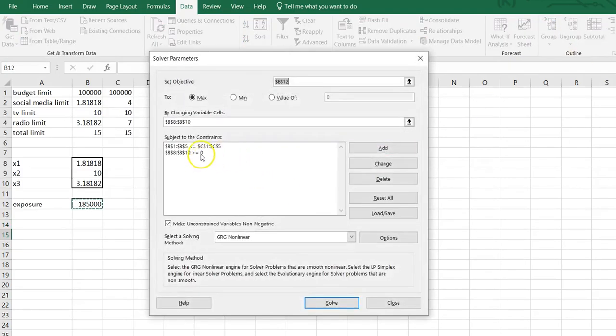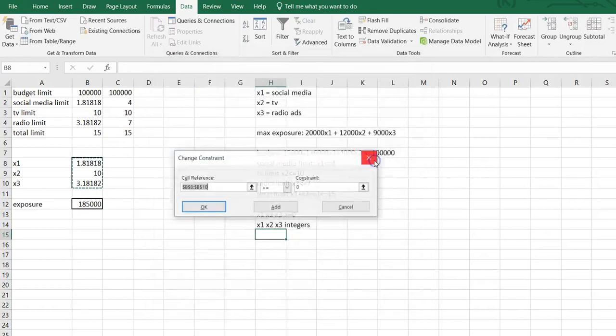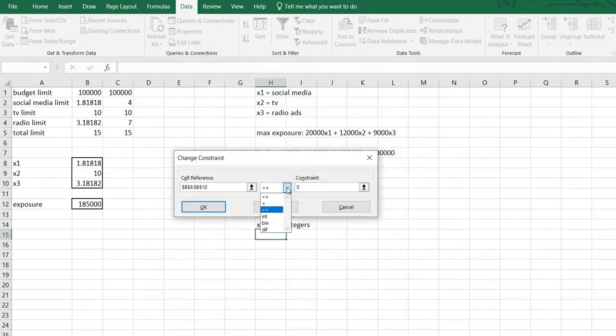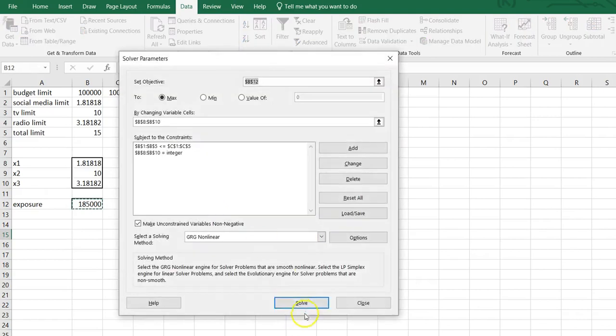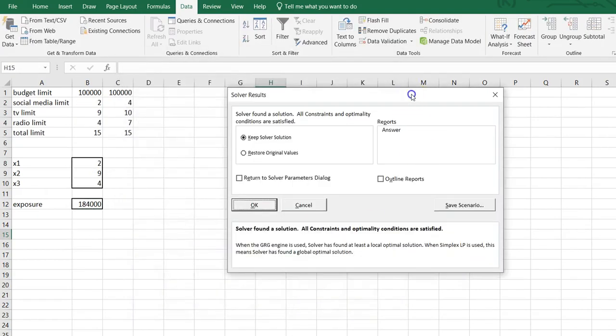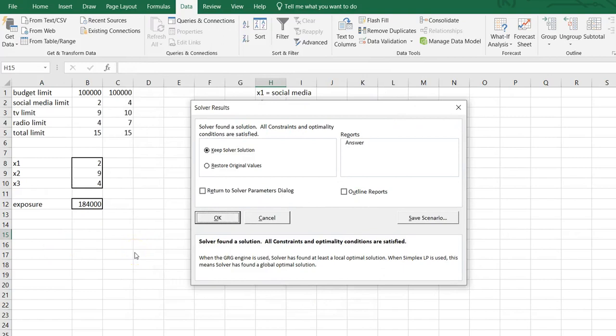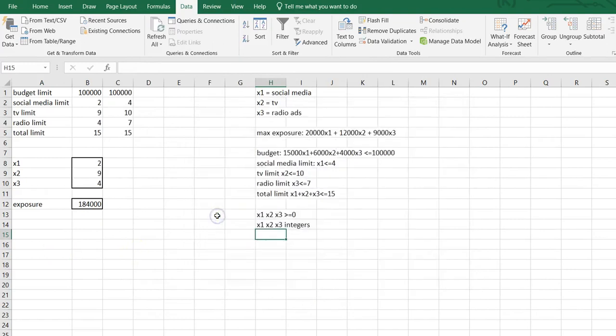We're going to click this, B8, 9, and 10, and change it: instead of greater than 0, we're going to select INT, which stands for integer. That means whole number. So click OK and solve. We make these whole numbers because what we're doing needs to be whole numbers. And we can see that it's solved under the condition that they're integers, which means whole numbers.